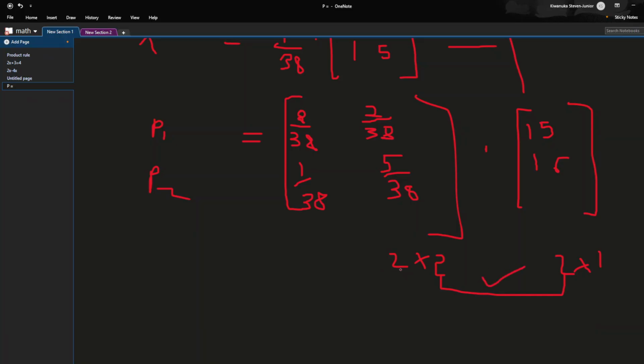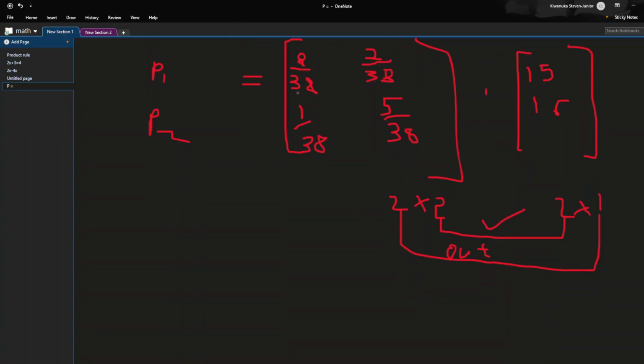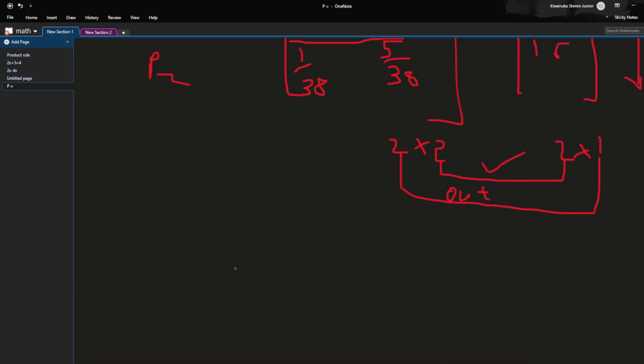So give a tick. The outcome should be a 2 by 1 matrix. We multiply row by column, and we can get a calculator and do it together.